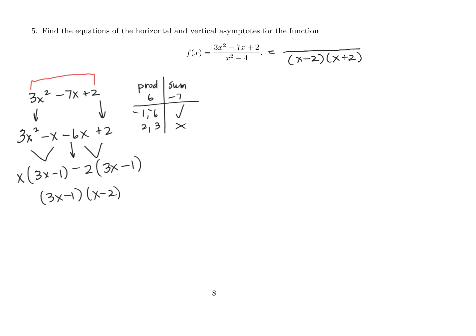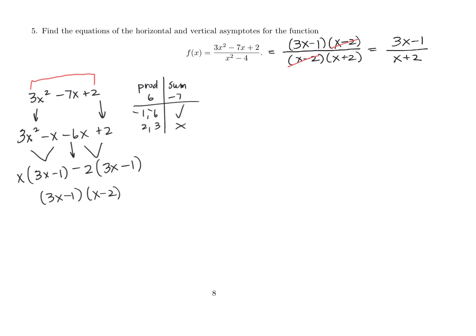So the numerator factors into 3x minus 1 times x minus 2. Hopefully you can see why that was important to do, because we have x minus 2 in common. There's one on the top and one on the bottom. So those will actually divide out to 1, so we can cancel those out. We'll have 3x minus 1 over x plus 2 now as our reduced fraction.